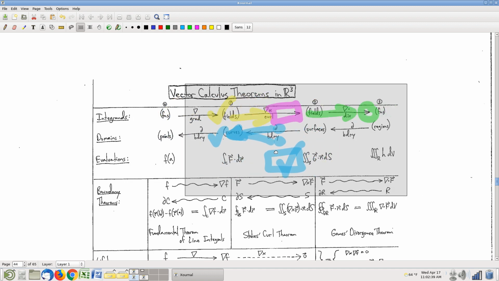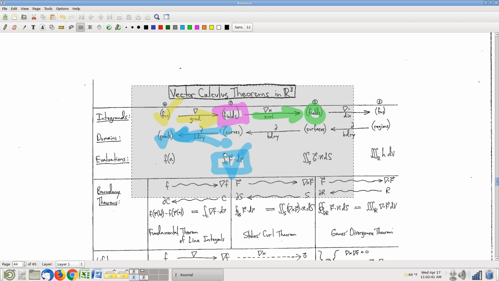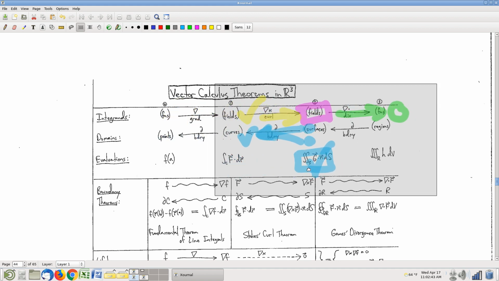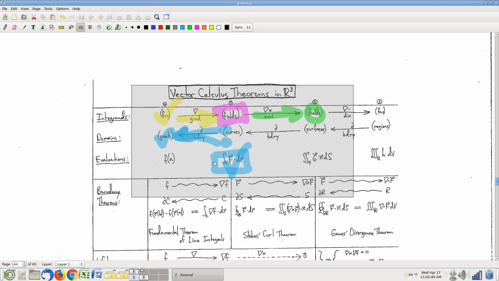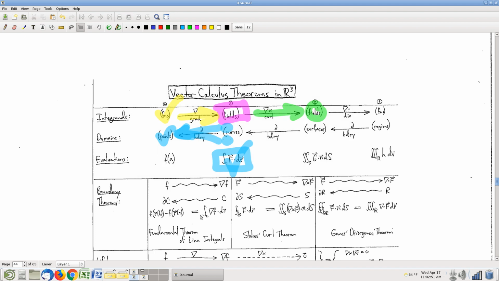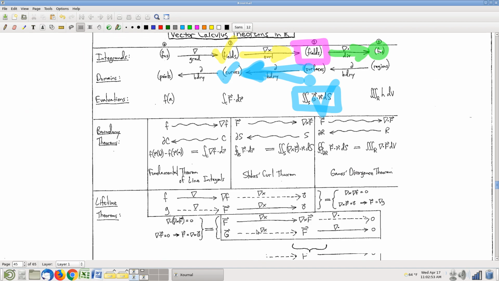It's the same properties, just shifted. Okay, let me put that back. All right, so keep all that in mind.